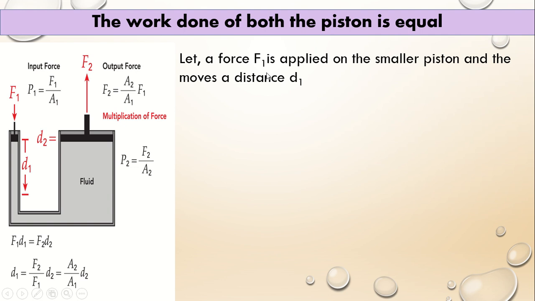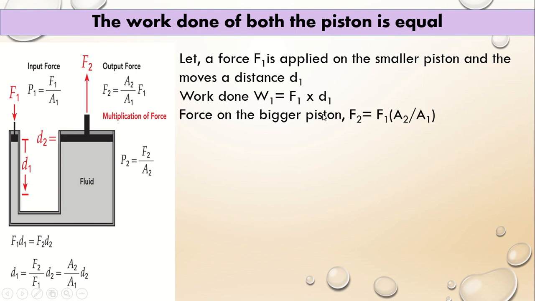So let a force F1 be applied on the smaller piston and the piston moves a distance d1. To do this there must be work done. Work equals force into displacement, so W1 equals F1 into d1.